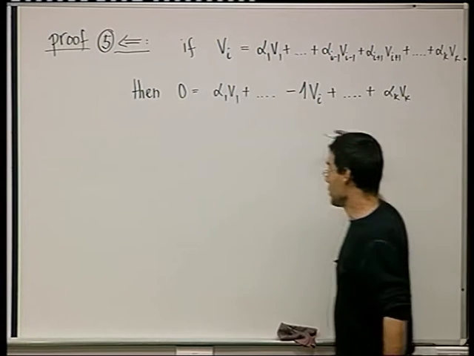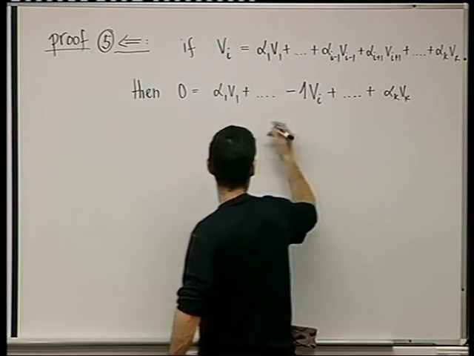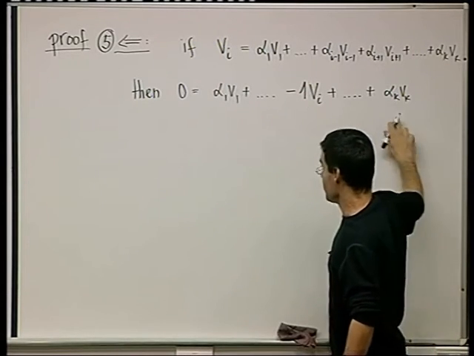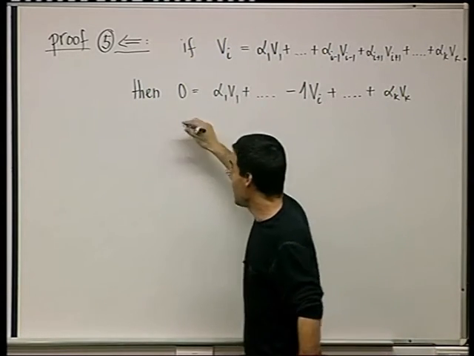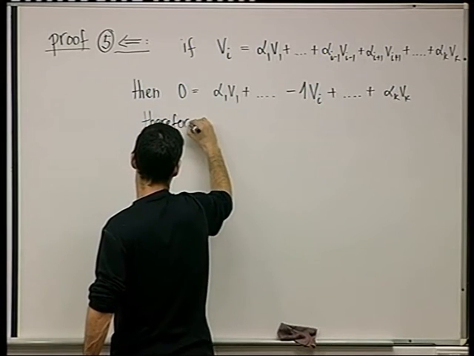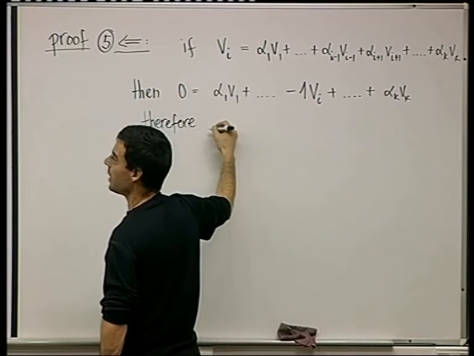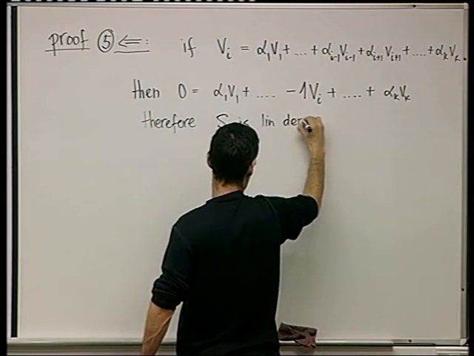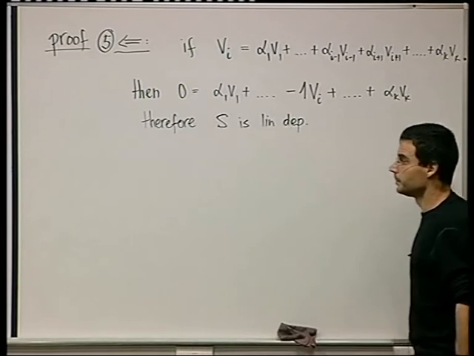And this is a linear combination where not all the alpha i's are 0 of all the vectors that give 0, which implies, therefore, what did we call the set? S is linearly dependent. Do you agree?